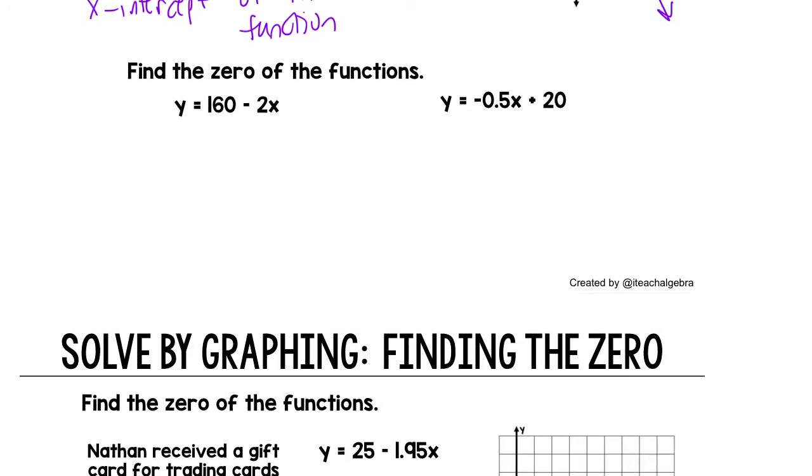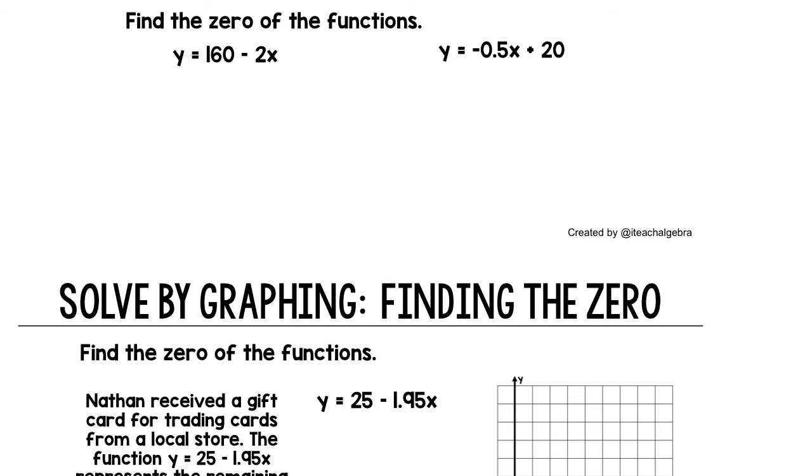Let's do some more. Instructions here say find the zeros of the function. So what we're going to do to make that happen, we make y 0 because I want the x-intercept. Now I could solve for x. Let's add 2x to each side. Got 2x equals 160, and those guys cancel.